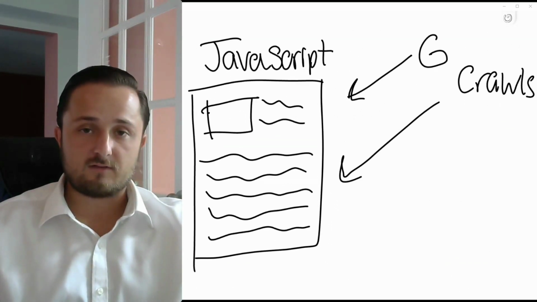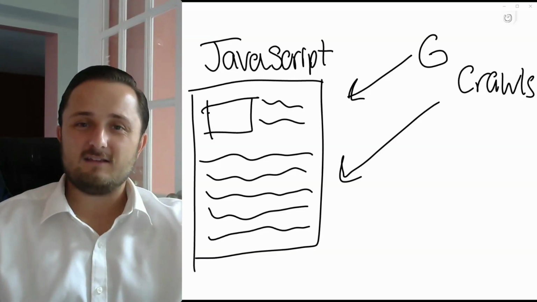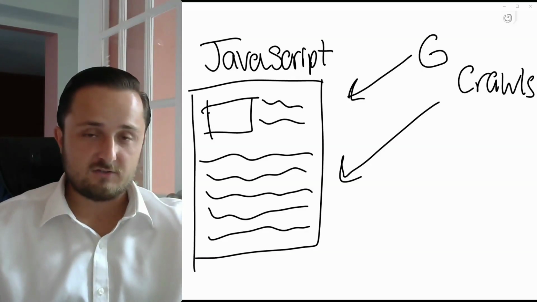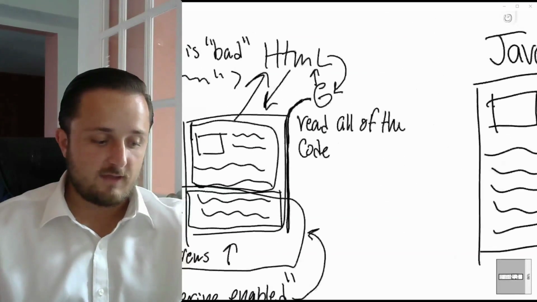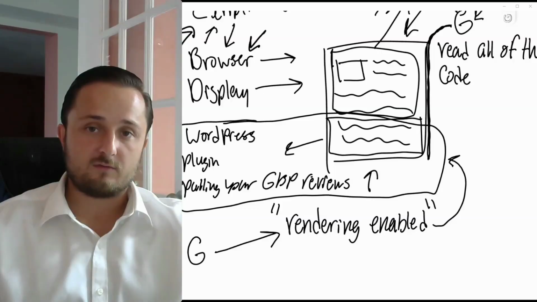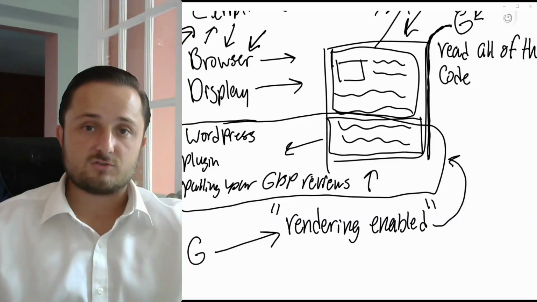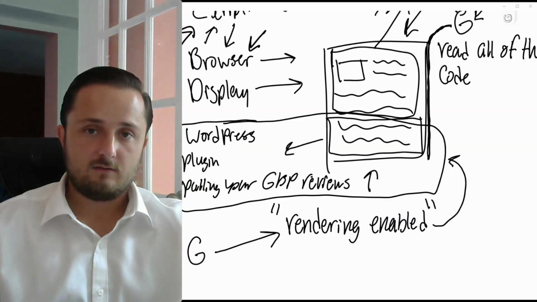The majority of the time when Google comes by and crawls, it's not seeing your content, especially if a majority of it is all JavaScript. Not only that, when you have that WordPress plugin that's pulling in your Google Business Profile reviews via JavaScript, that's also not seen.